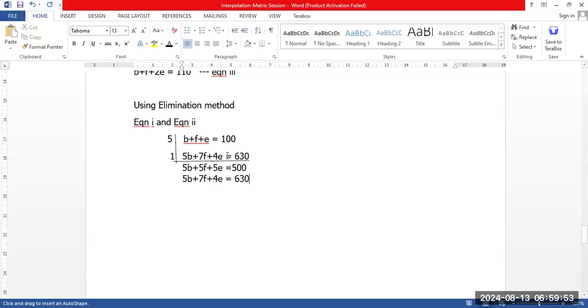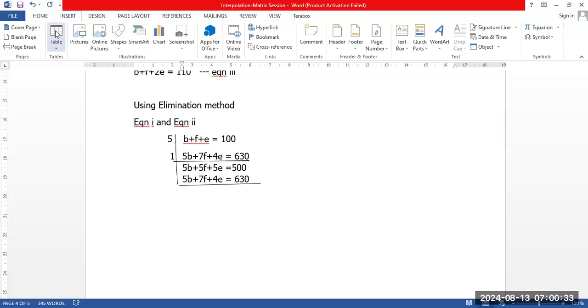So once I have that, here we are going to subtract. What do you get if you subtract the first figure?